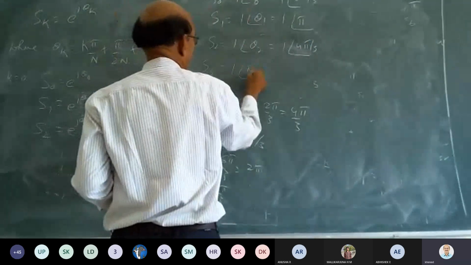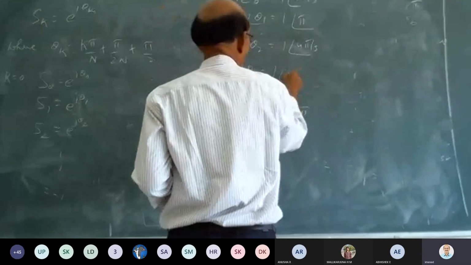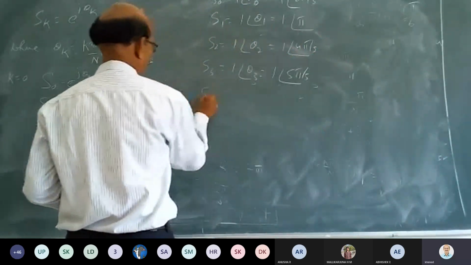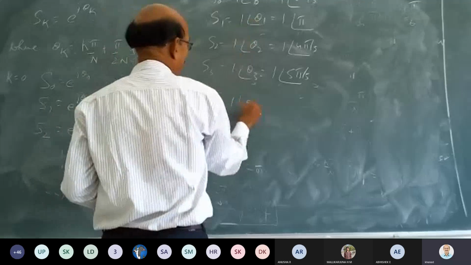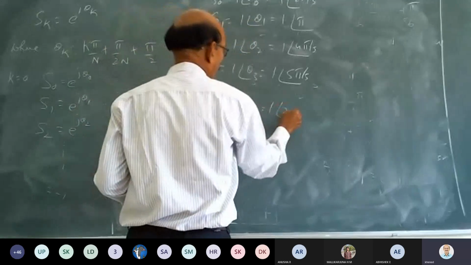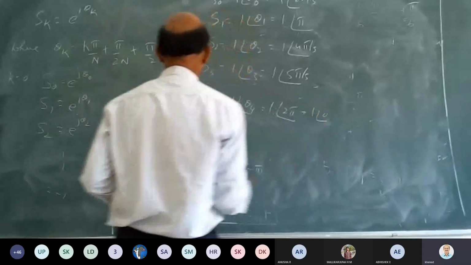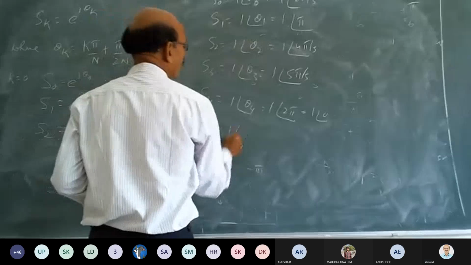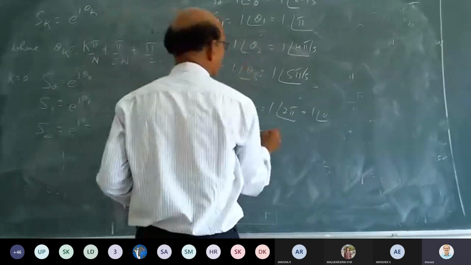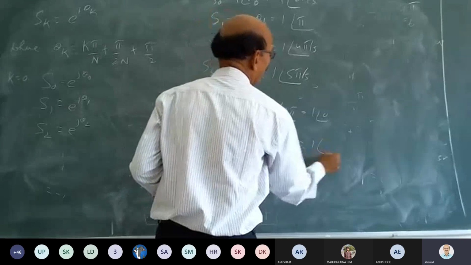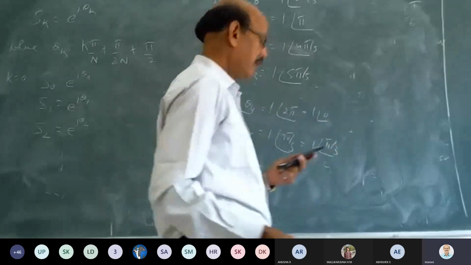S3 is equal to 1 angle theta 3, 1 angle 5 pi by 3. And S4 is equal to 1 angle theta 4, 1 angle 2 pi, which means 1 angle 0. And S5 is equal to 1 angle theta 5, which is 1 angle 7 pi by 3.